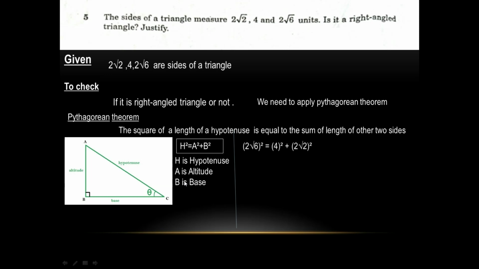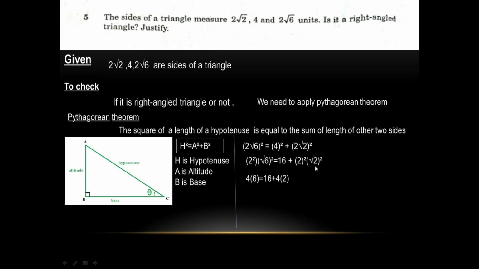So using this Pythagorean theorem, we get (2 root 6) whole square is equal to 4 square plus (2 root 2) whole square. Solving this, we get 2 square into (root 6) whole square is equal to 16 plus 2 square into (root 2) whole square.